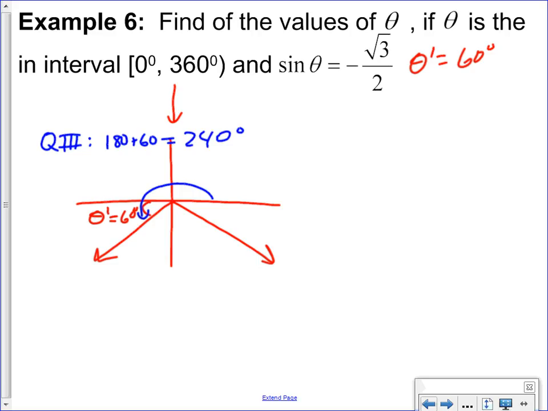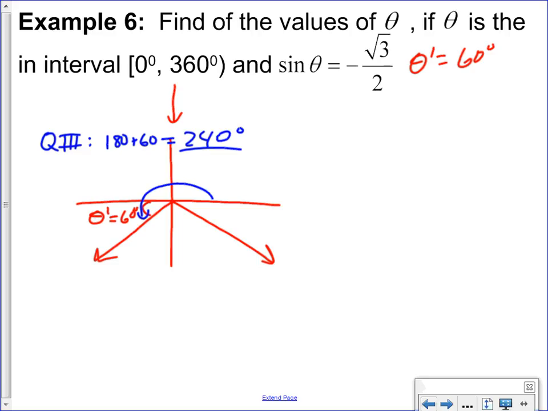That's one of my angles right there. In quadrant 3, my reference angle is the closest thing to the x-axis. So to measure the whole angle, you have to start from 0 and go all the way around. 180 plus 60 more puts us at 240.